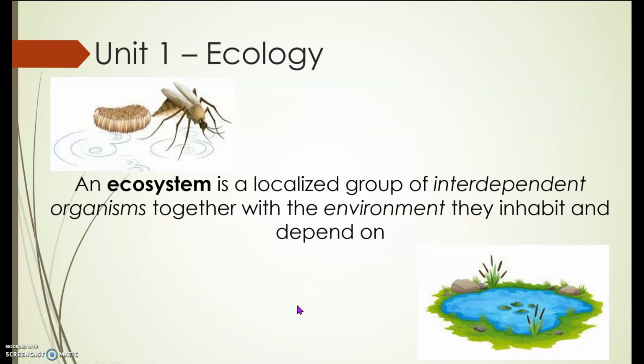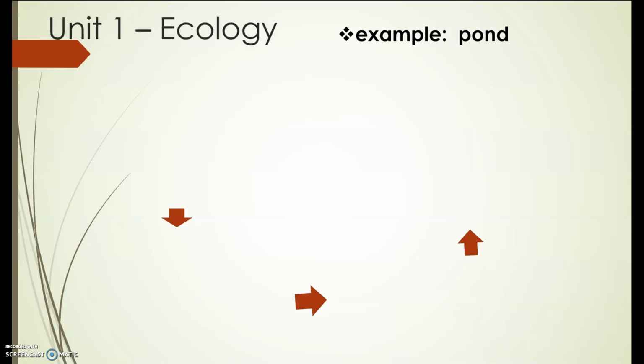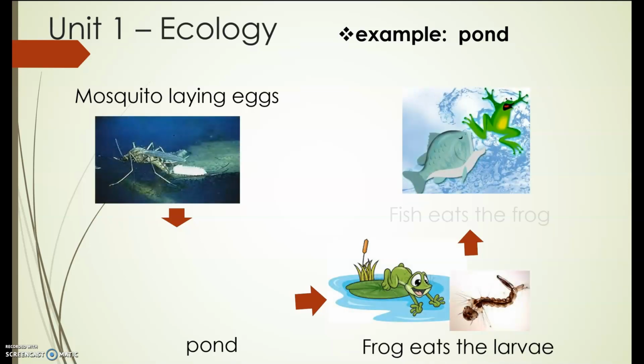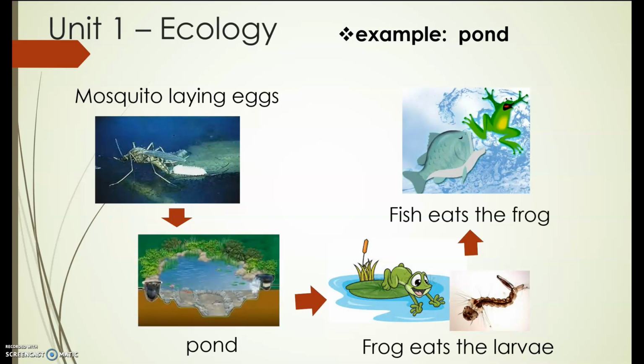Now I think it's better for us to understand if we have an example. Let's see the first example here. The first example is the pond. A pond is an ecosystem because it has organisms or living things that are living in the same environment where they live and also they eat.